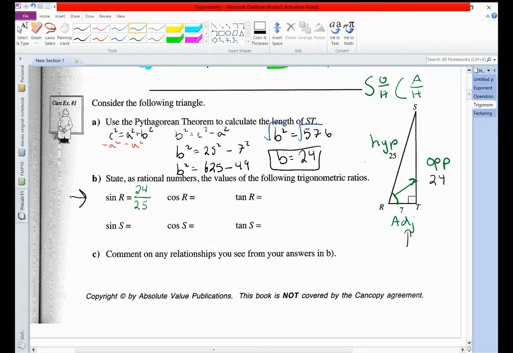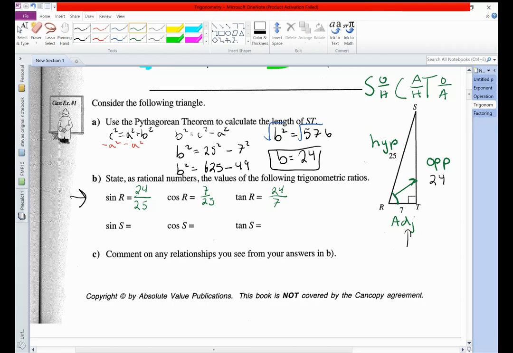We know the adjacent in this triangle is 7 over 25, and tan is opposite over adjacent. So in this case, opposite is 24, and the adjacent is 7. So those are the trigonometric ratios if we're using r as the reference angle.